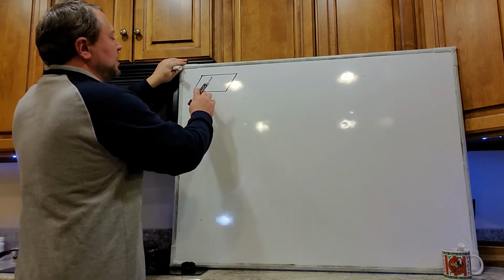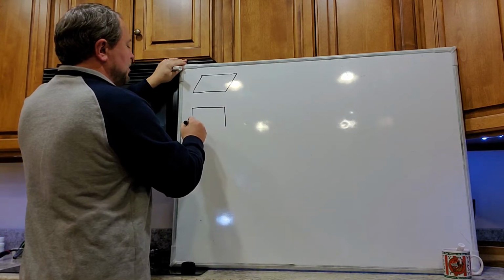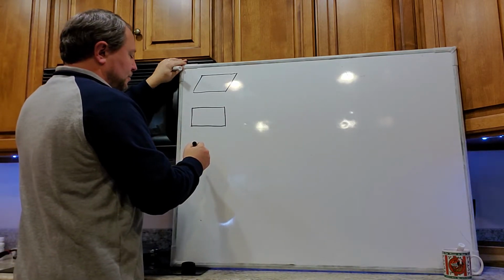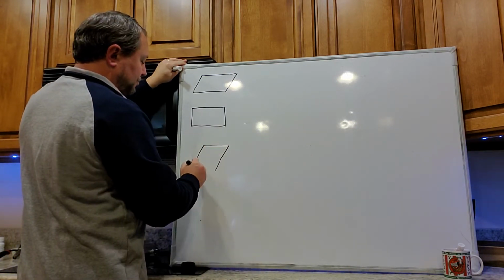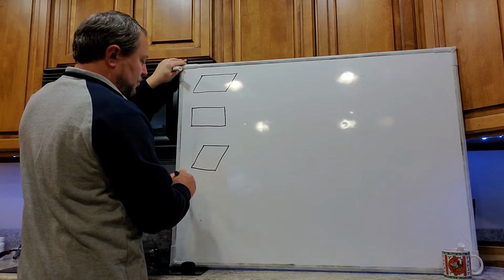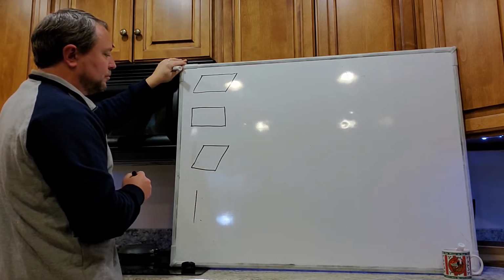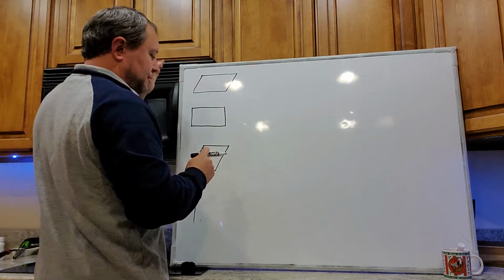So we have the parallelogram that we've covered. We had the rectangle was the next one that we covered. Okay, and then today we covered rhombus and square. And actually, come to think of it, let's do this.